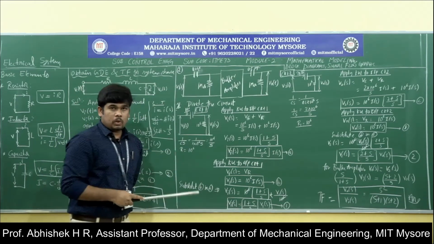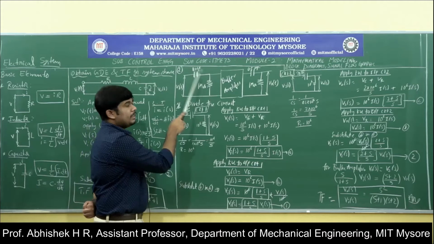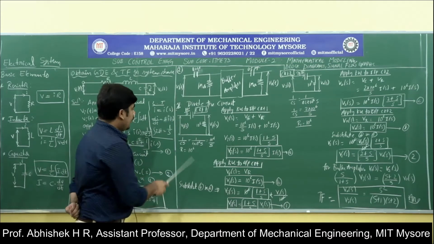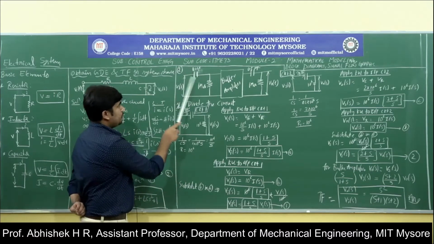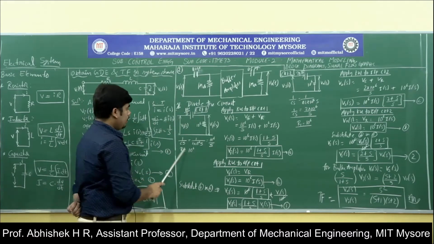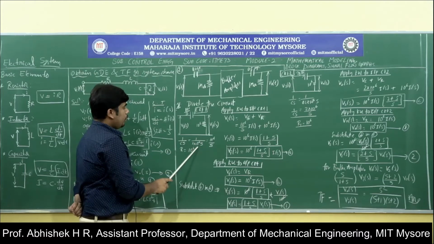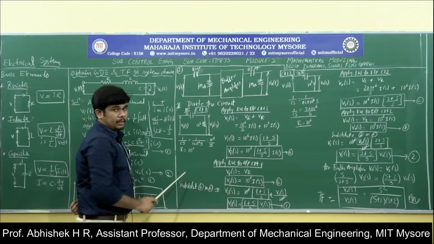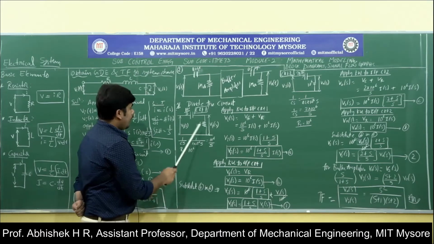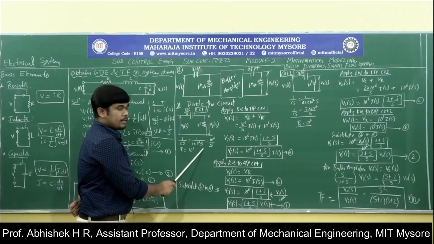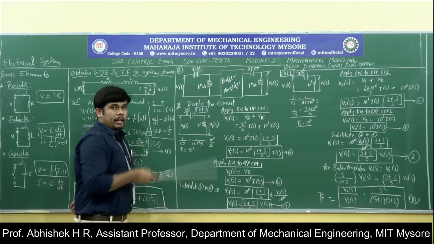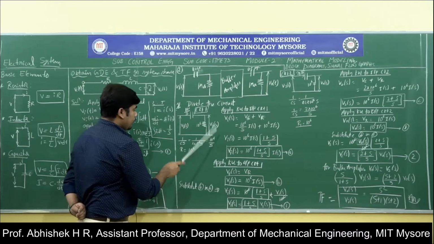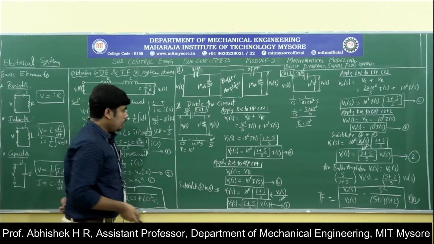Before going to solve this, let us just simplify these values. Let us simplify this value, 1 microfarad. See here 1 by Cs is equal to, in place of C I can write 1 into 10 to the power of minus 6, that is 1 microfarad, into S, so 1 into 10 to the power of minus 6 S. If I shift this 10 to the power of minus 6, it will become 10 to the power of 6.